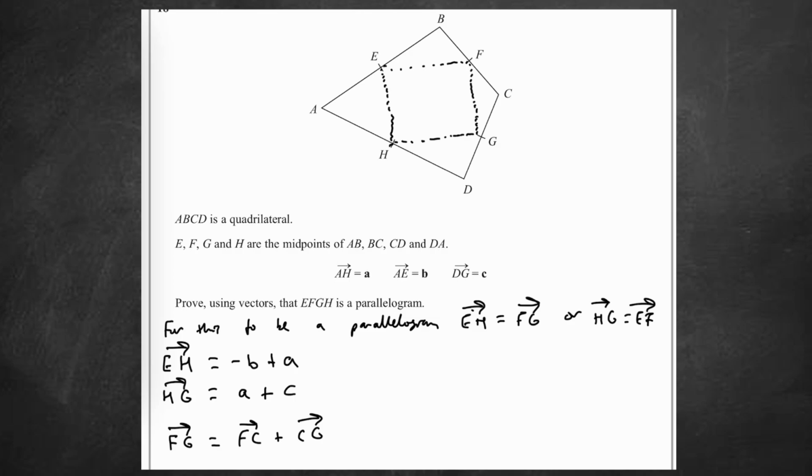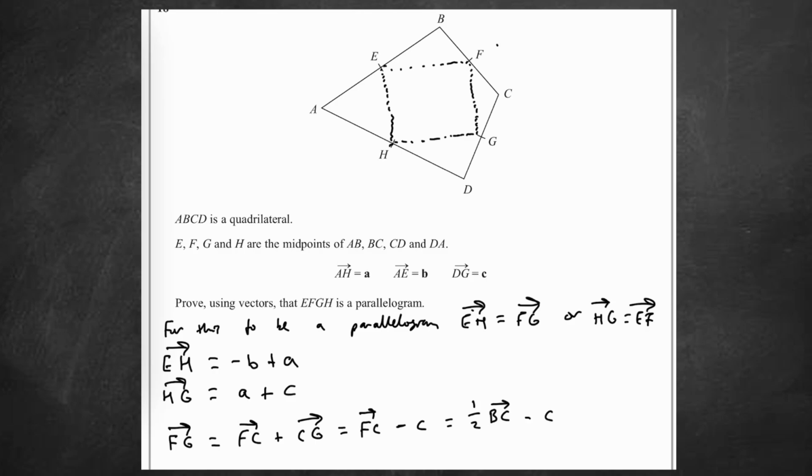So GC must also be small c, as G is the midpoint, and it's going the same direction, which means CG must be minus C. To get FC, we would need to know what BC is. So I'm going to rename this as half BC, because we know F is the midpoint, minus C.